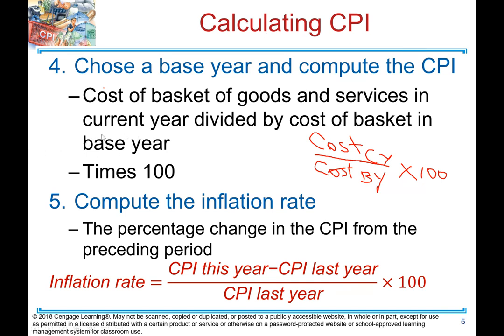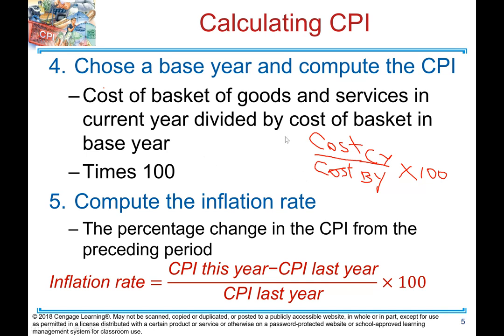And the formula for the CPI is cost of basket of goods and services in the current year divided by the cost of basket in the base year times 100. Cost CY means cost in the current year, using a shorthand here, divided by cost of the same basket in the base year, BY for base year, times 100.